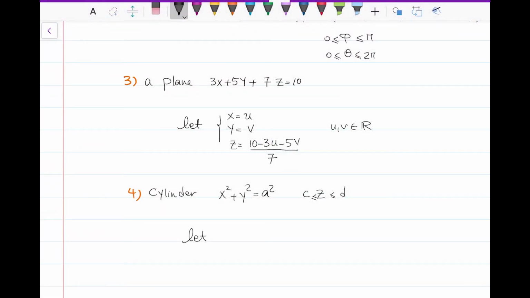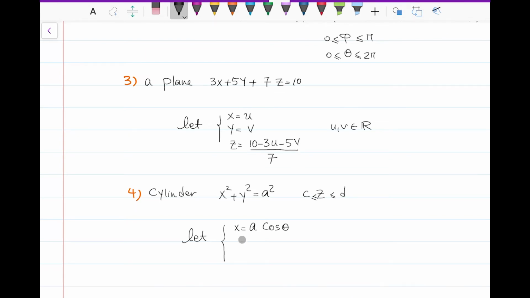So to parameterize that, I'm going to use the fact that x and y lie on a circle. If you remember polar coordinates, x could be a cosine theta.